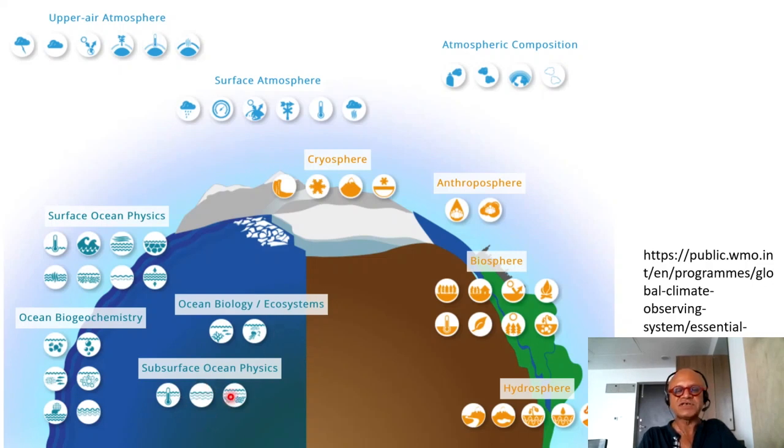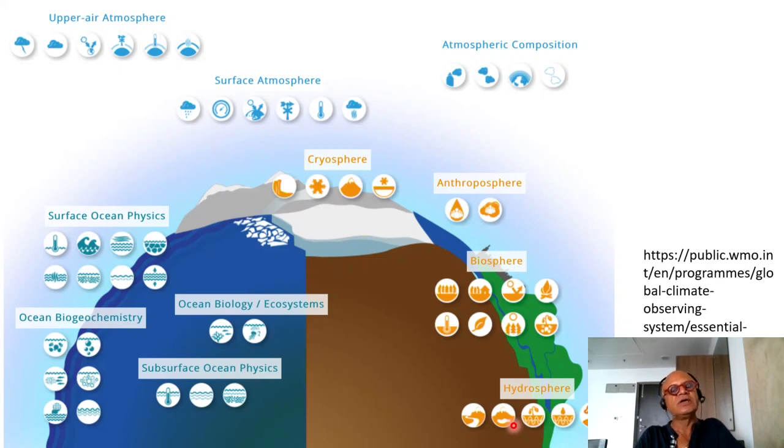Subsurface ocean physics, obviously, and biosphere, vegetation, agriculture, various uses of fertilizers, deforestation, wildfires, and so on, and hydrosphere, which is all the water parts. So that's how data are collected and observations are made.